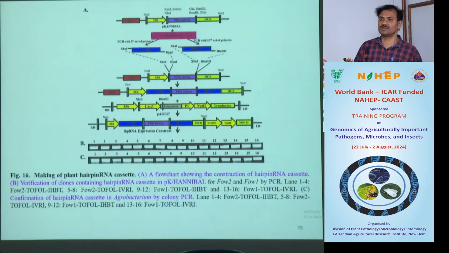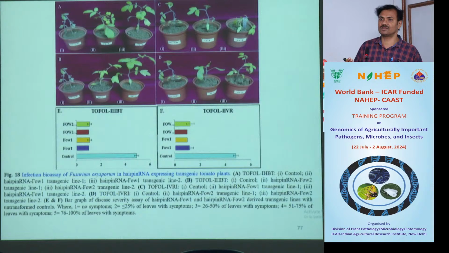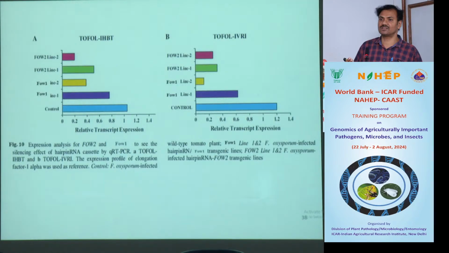The fungus is a hemibiotroph, meaning it has an initial biotrophic phase followed by a necrotic phase. During the biotrophic phase, the siRNA molecules were taken up and the target gene was silenced, which we confirmed by various methods, and the plants showed reduced pathogenicity.